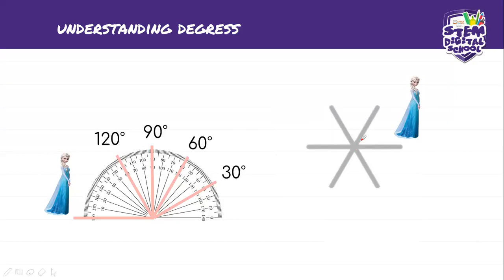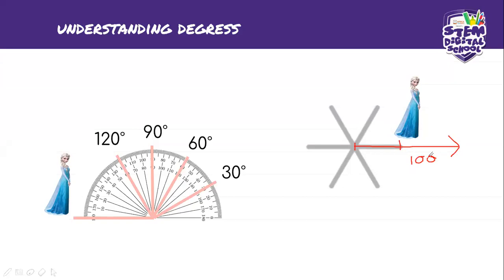Now remember, Elsa is standing right here in the middle, and now she is moving this way. She's walking this way. She's drawing that first line. We are going to tell you how long this line is going to be. Let's say, for example, that would be 100, and then she will move by 100. And then she is going to turn.